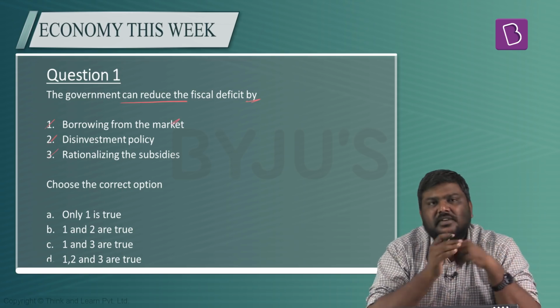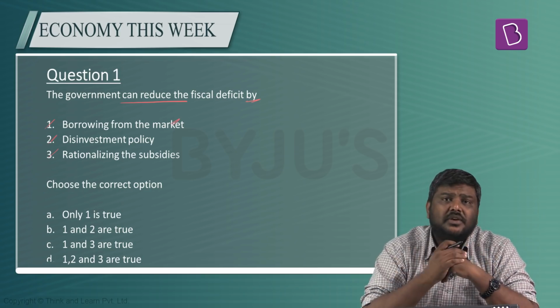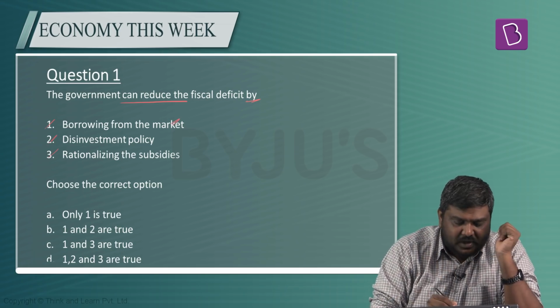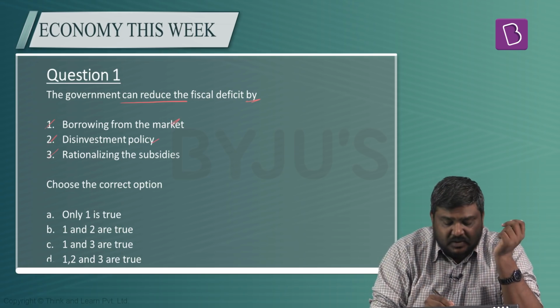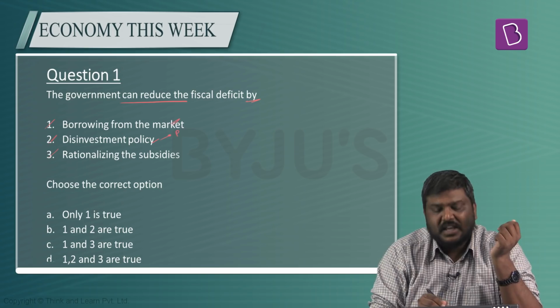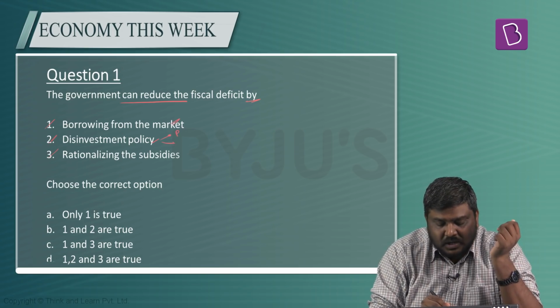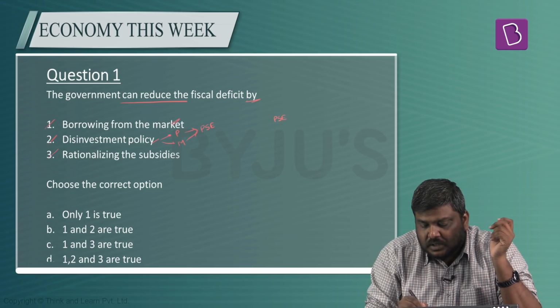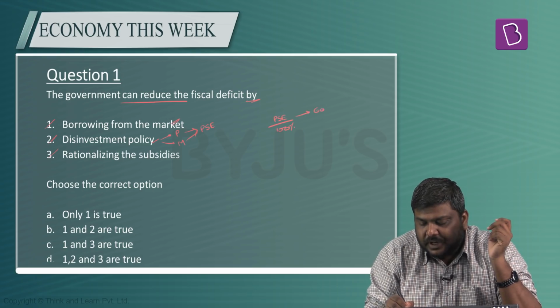We've already seen the first one, that is, the Government of India may issue G-securities, borrow from the market, that will reduce the fiscal deficit. Second one, disinvestment policy, which basically covers selling part of the stake or a majority of the stake in a public sector enterprise. Let's say there is a public sector enterprise and 100% of its stake is owned by the Government of India.